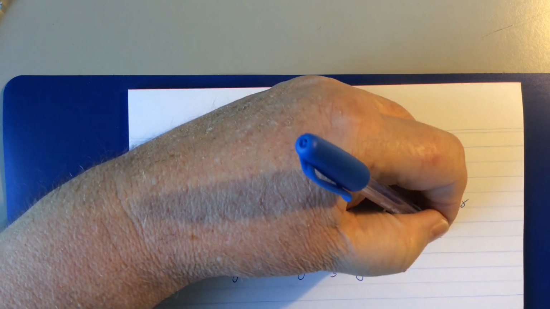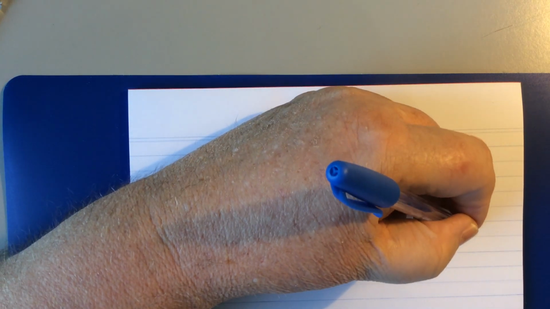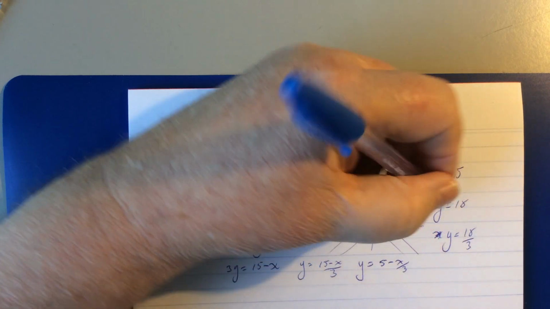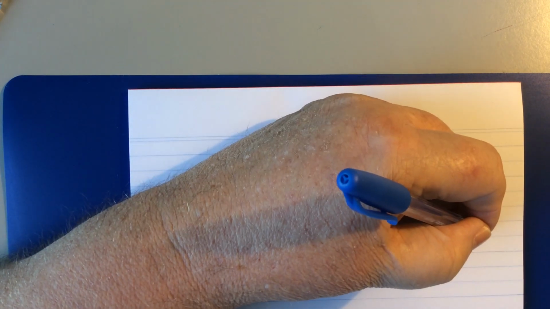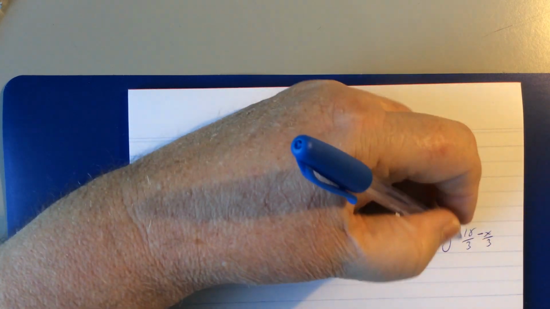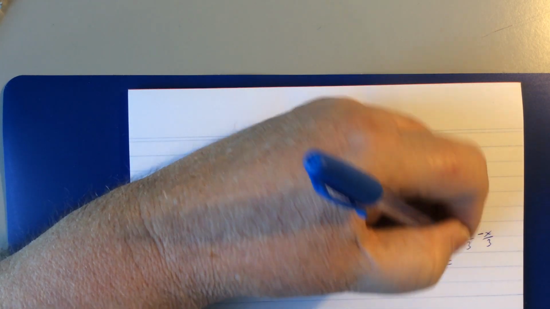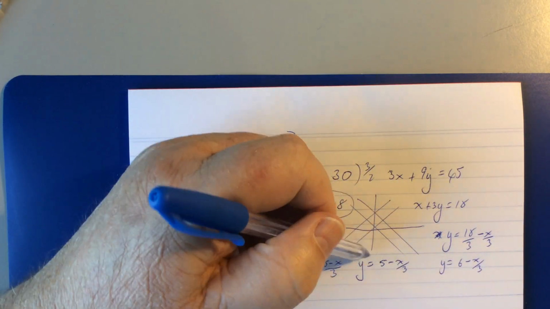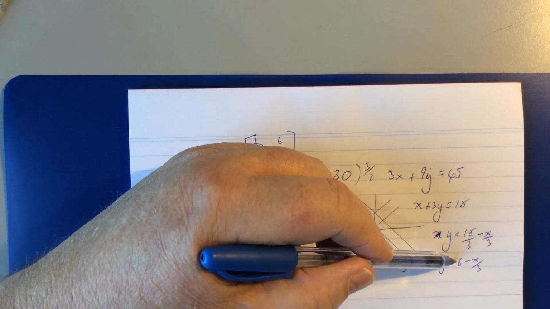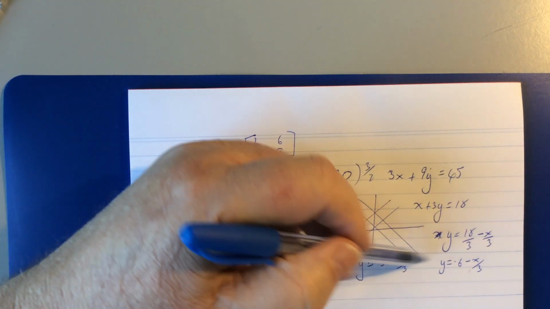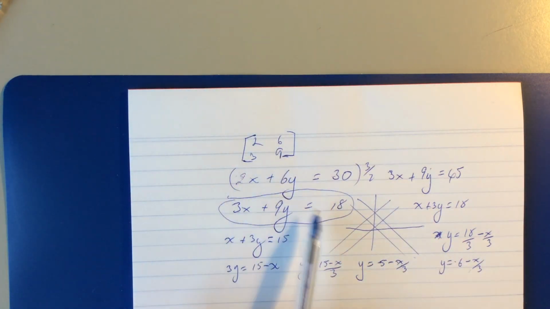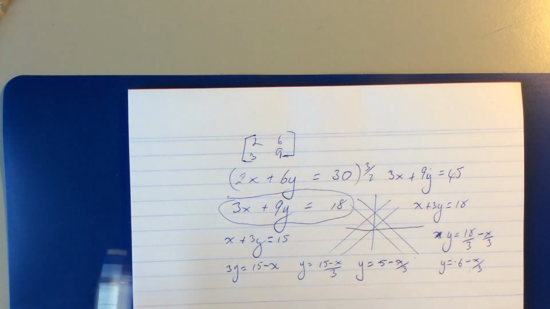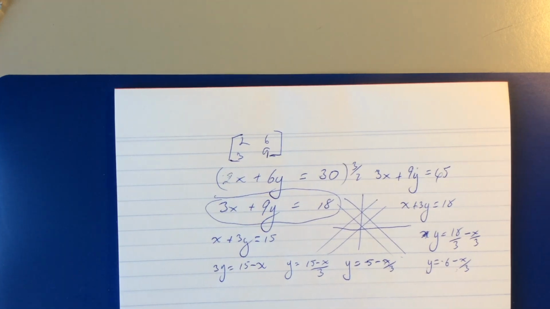Y is equal to 18 over 3, which is 6, minus x over 3. So y equals 6 minus x on 3. Yeah, these things run parallel to each other. Y-intercept of 6 here, y-intercept of 5 here, the same gradients. There is no solution. I'm sorry that that's messy, but that's me working on the fly, as they say. So definitely no solution.